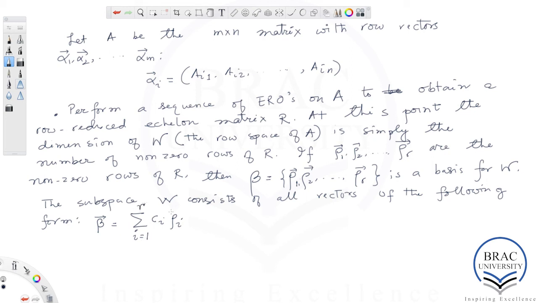These are the non-zero row vectors of R. So we take all possible linear combinations of the non-zero rows of R, and that way we get beta, a general element of the subspace W. And these rho_i's are nothing but the ith row of the row reduced echelon matrix R, that is, R_i1, R_i2, all the way up to R_in.